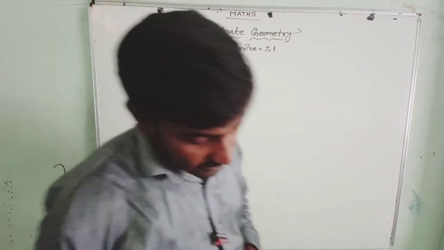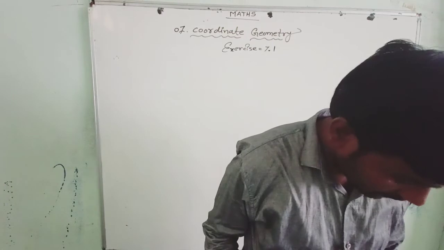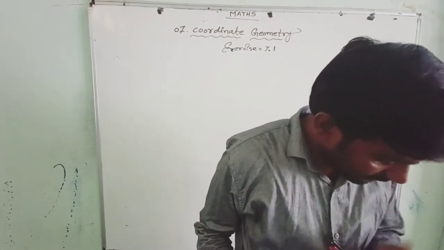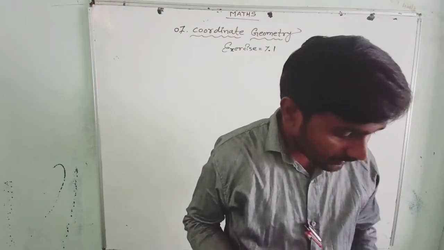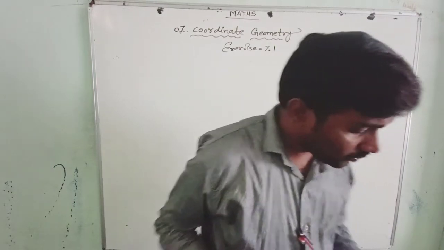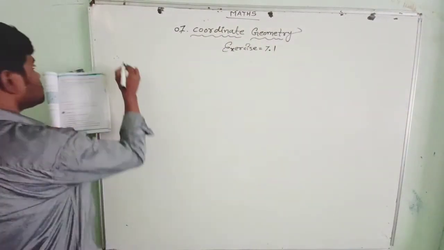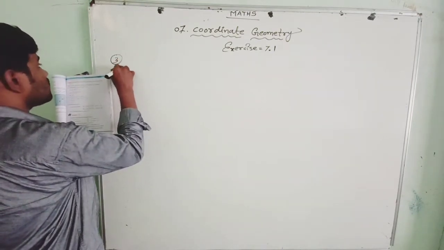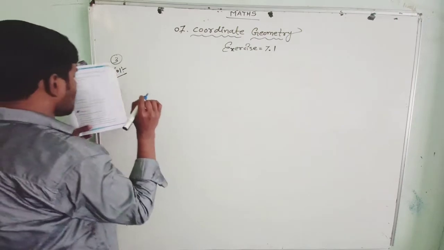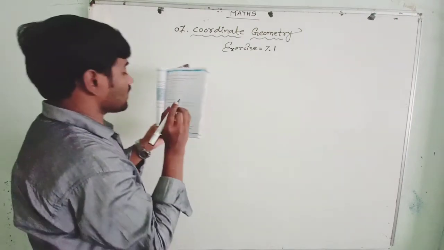So next, we go to question number 3. Verify whether the points 1, 5, 2, 3 and minus 2, minus 1 are collinear or not. Collinear or not.